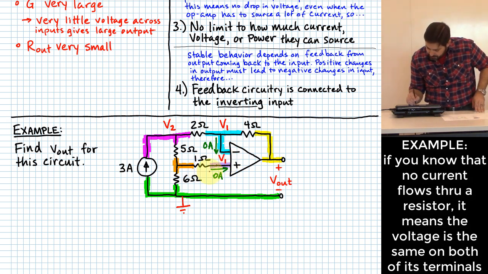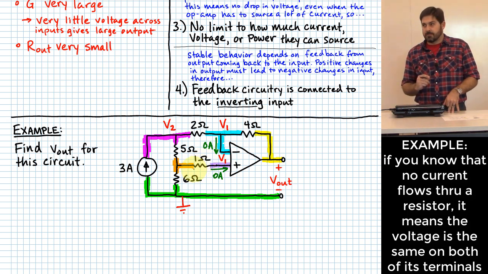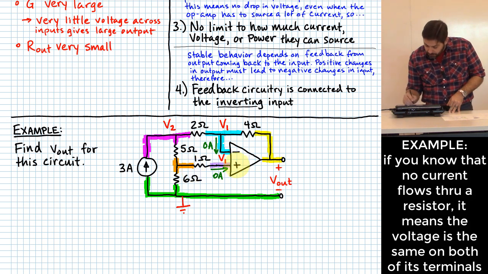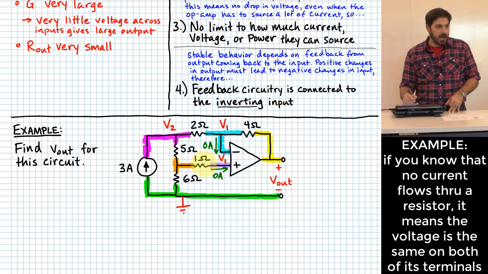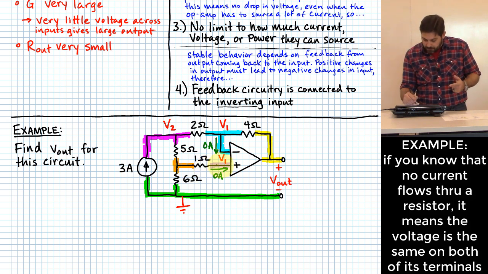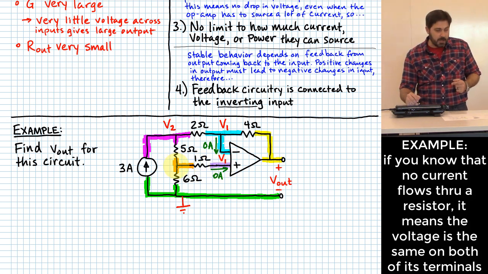How much current flows through the 1 ohm resistor right there? None, because there's no place for it to go, because it hits an infinite impedance when it hits that input. If there's 0 current flowing across my 1 ohm resistor, how much voltage do I have across my 1 ohm resistor? 0. And if I have 0 volts across my 1 ohm resistor, how much voltage do I have on my orange node?